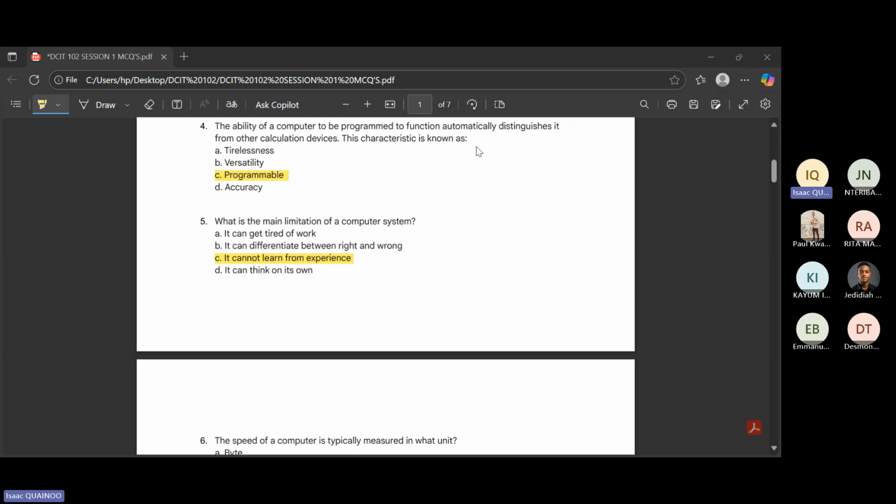It will repeat that error throughout. It doesn't know whether there's an error or not. It only processes input and returns an output. Whether the output is wrong or not, or the input is wrong or not, the computer does not care.